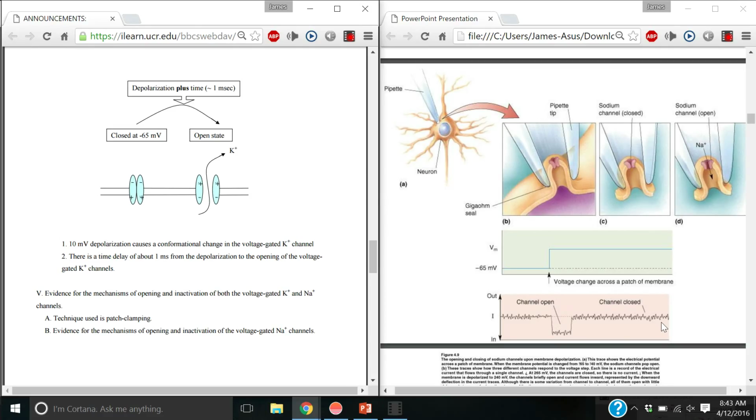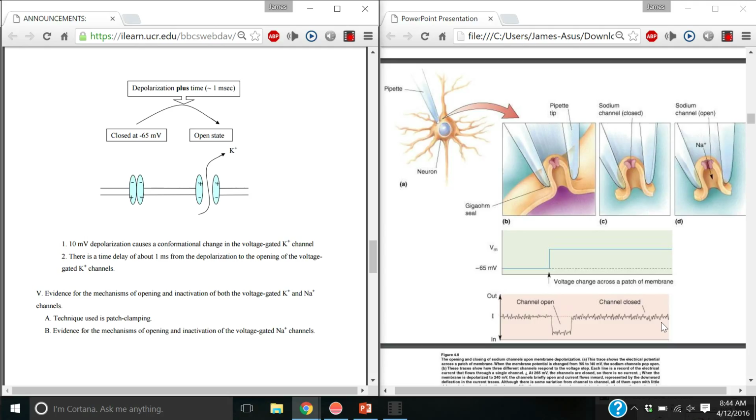And the channel is closed, the channel is open, and then you have the channel inactivated here, and then the channel goes back to the closed configuration. So here is closed, here is open, same thing I drew. Here is the inactivated, and then back to closed. And here you have the numbers 1, 2, 3, 4, so you can match them up with what the current flow looks like.